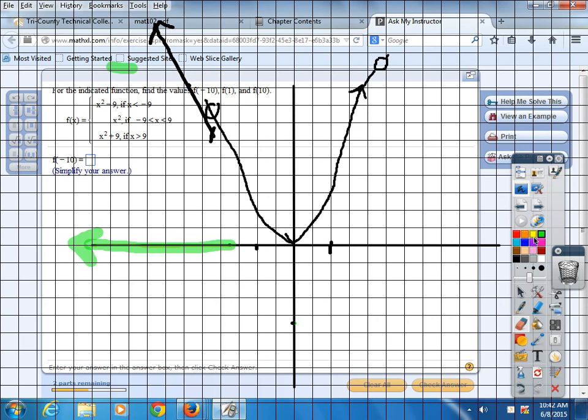And take my handy dandy yellow highlighter, and this right here is from here, well really here, to there. So let's recap.